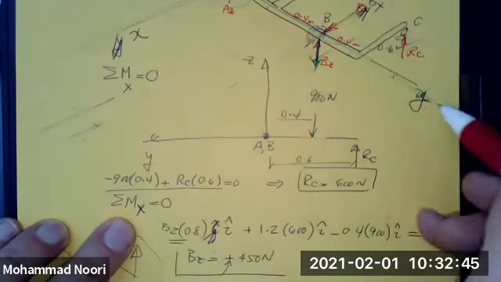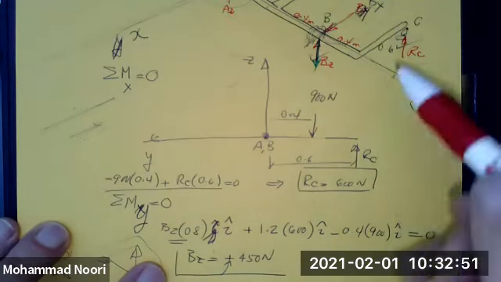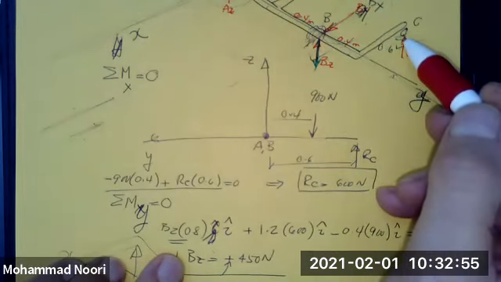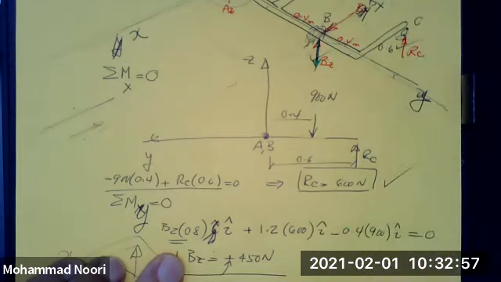First I took summation of moment about y, because you get rid of all of these, right? So that will give you RC only. So that was correct, right? Right. And then the second equation was for the moment about x.